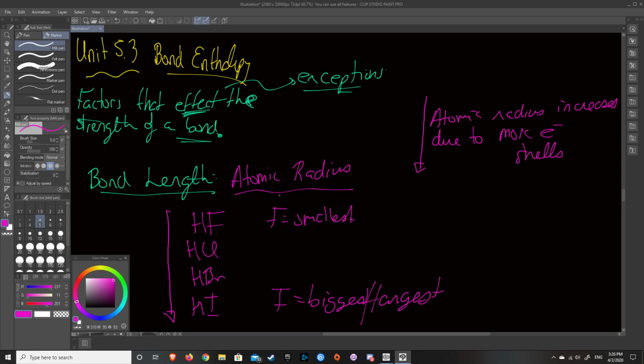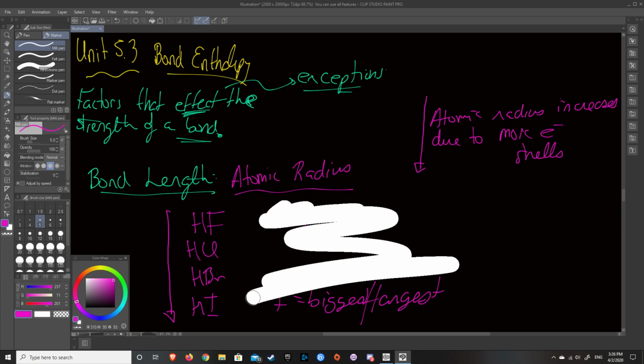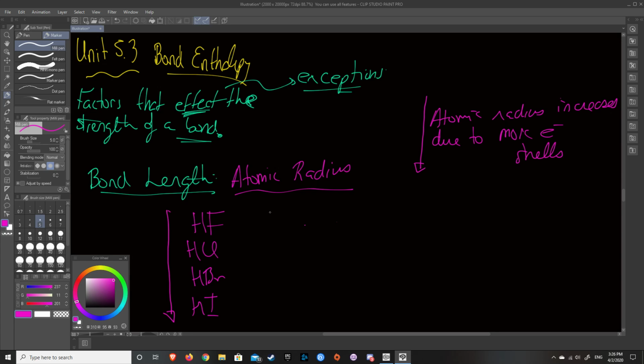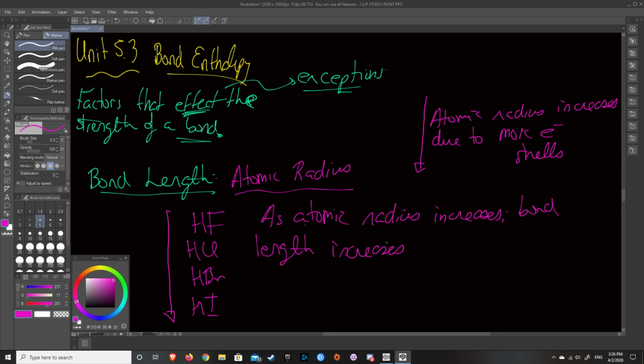So as atomic radius increases, bond length increases. When you're comparing species, increased bond length means decreased bond strength.